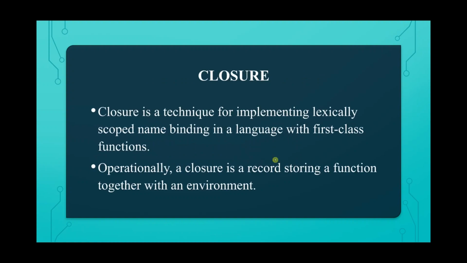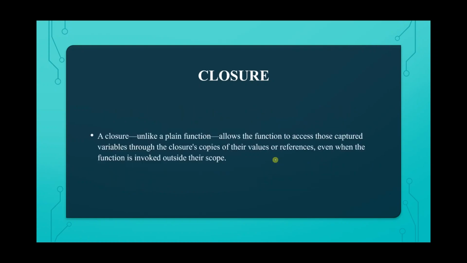So closures. Let's start with closure. A closure is a technique for implementing lexically scoped name binding in languages with first-class functions. So if you're talking about local variables, lexically scoped. Operationally, a closure is a record storing a function together with an environment. If you still don't understand what that means, it's going to be cleared up with the next example in the next few slides.